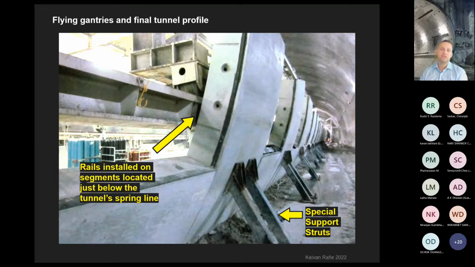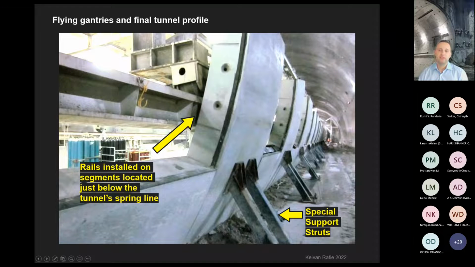Another complication with this arrangement for the TBM movement through the cavern was supporting the flying backup gantries, because, as you see, the gantries would have to sit on the segments with some brackets, so the middle part of the TBM could just move along these rails.